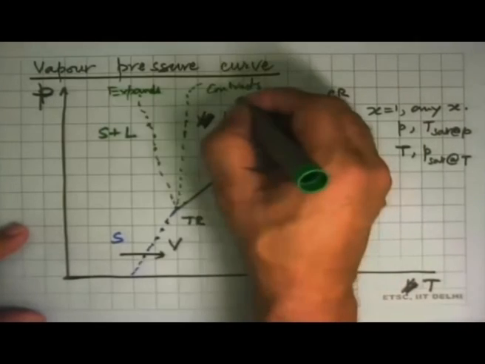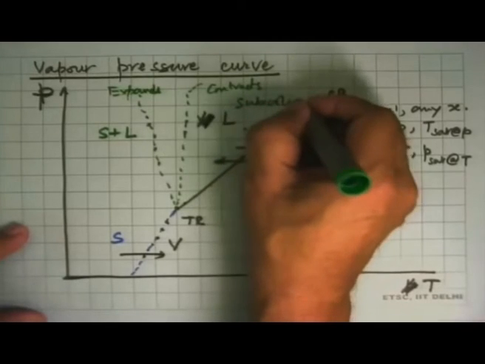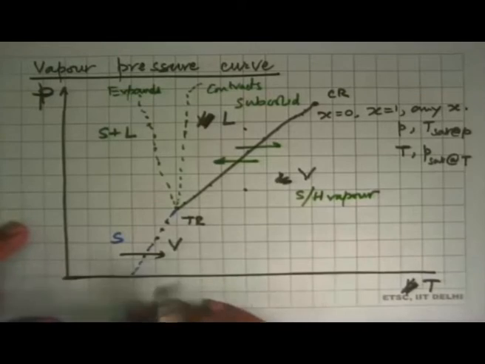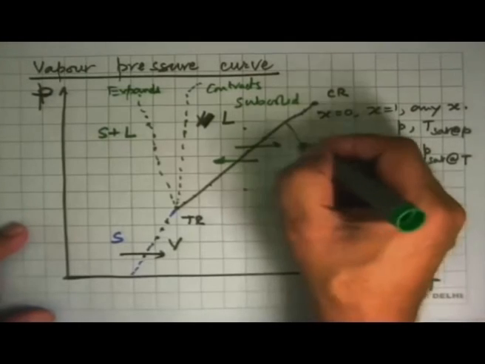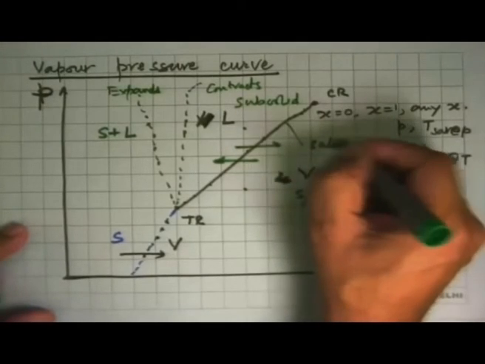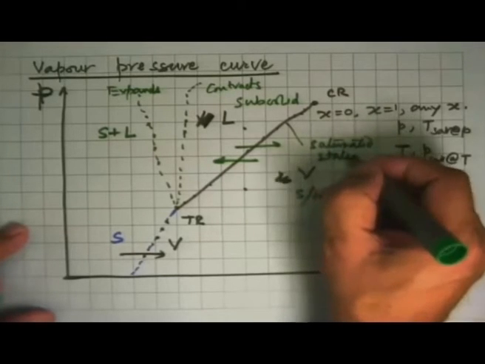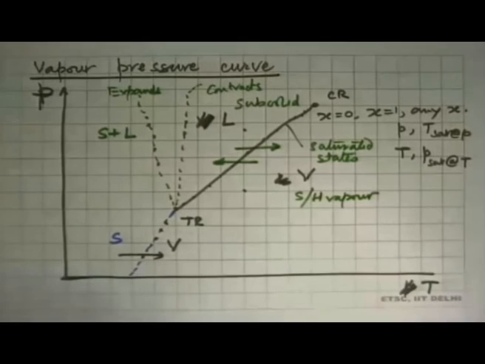This liquid means it is a subcooled liquid, and just solid in this. And this line is saturated states. All saturated states. That's the vapor pressure curve, and the way it actually looks like, it is there in the notes with you. Okay, this one.